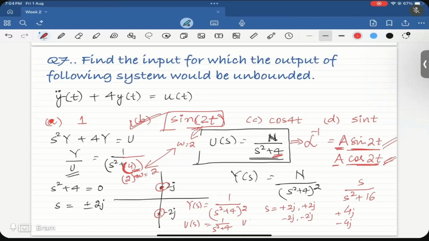Or we can also provide U(s) as s by s square plus 4. This will also give us Y(s) equals s by s square plus 4 whole square. Again we will be getting repeated poles, right? We deliberately want the poles to get repeated so that we can identify the input which gives this repeated kind of thing.